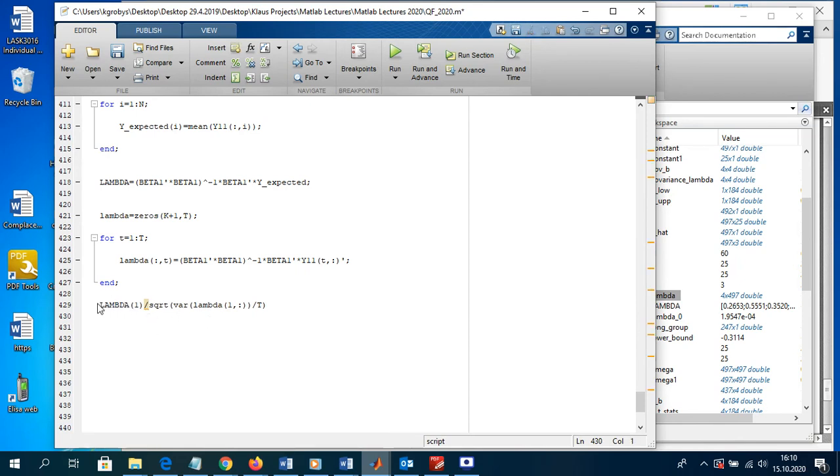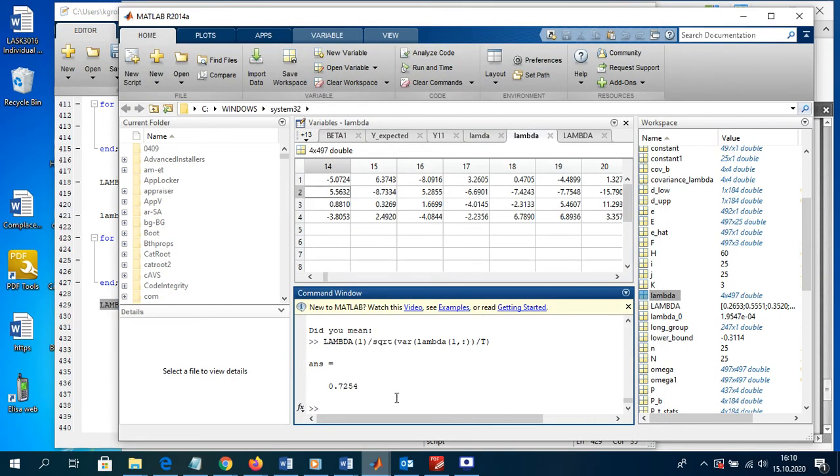MATLAB gives me a note that I have a typo here. So once again, the t statistic obviously is 0.72 for lambda 0.